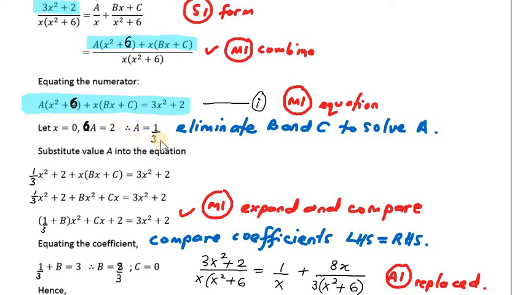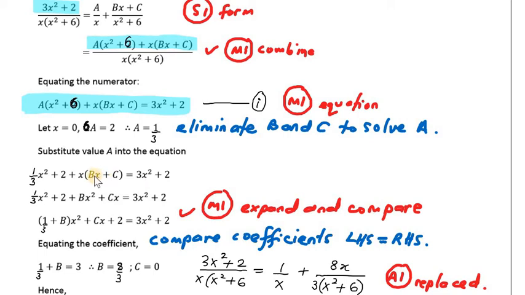There's a mistake made in our exercise book. After you have got a, let's substitute back this value of a into the equation that we have had. So we have a is 1 on 3, 1 on 3 x squared. And then 1 on 3 times 6 is 2, correct? So we get it back.